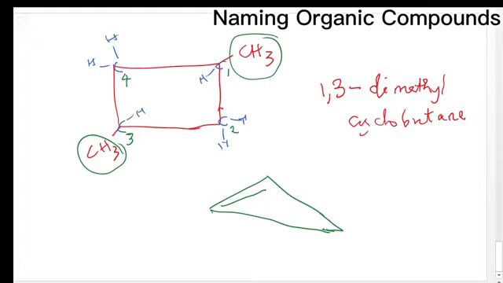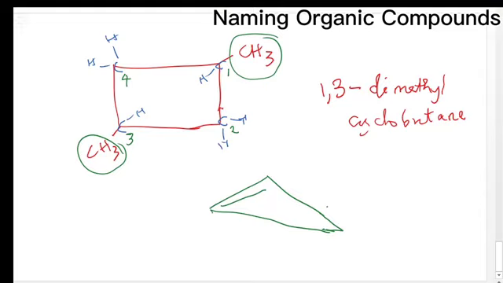Can anyone try this one? It looks like a triangle with a double bond. How many carbon atoms? 3. Yes, and it is enclosed and it has a double bond. So what do you suggest it will be? Cyclopropene.